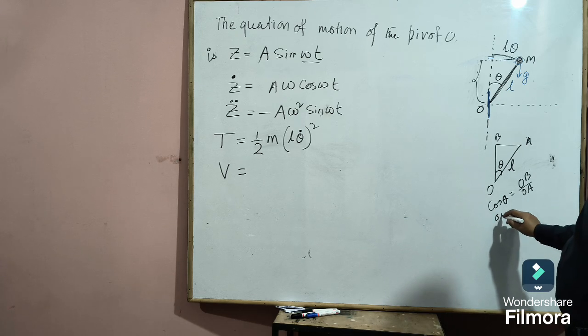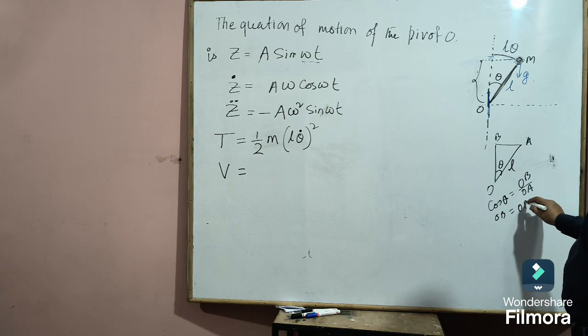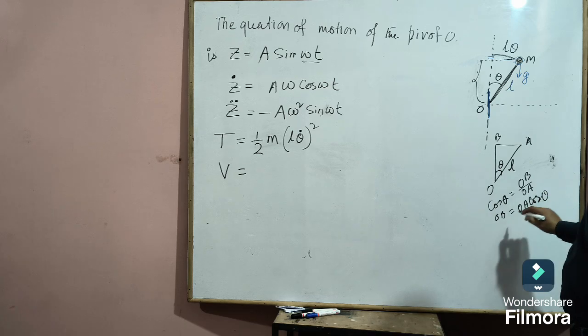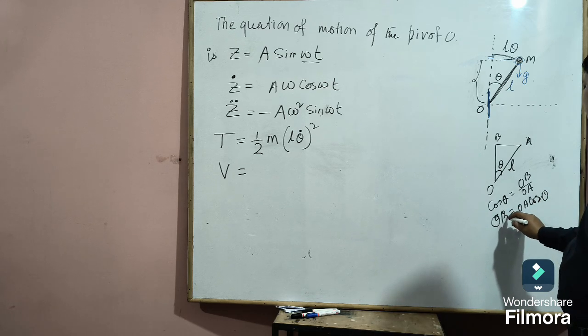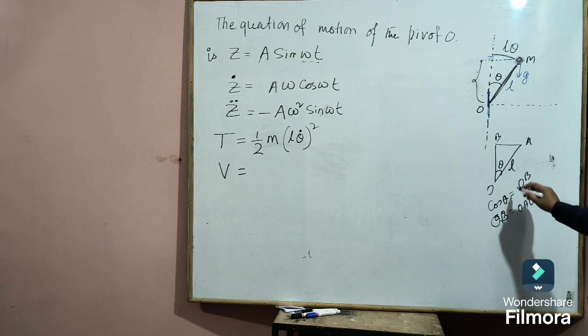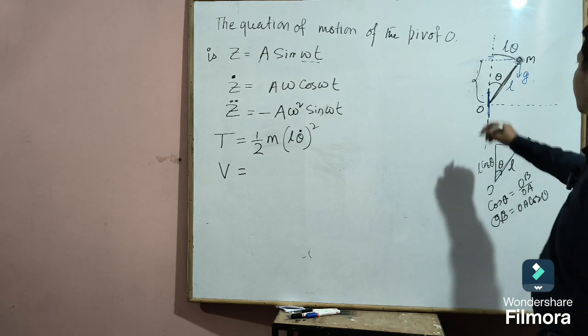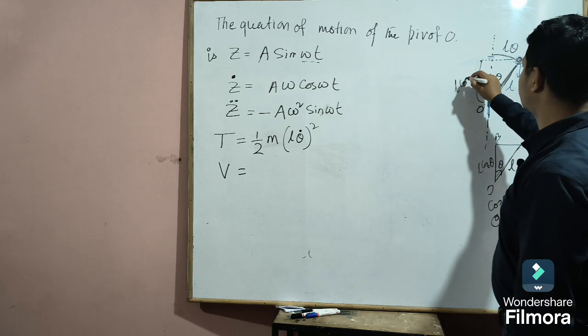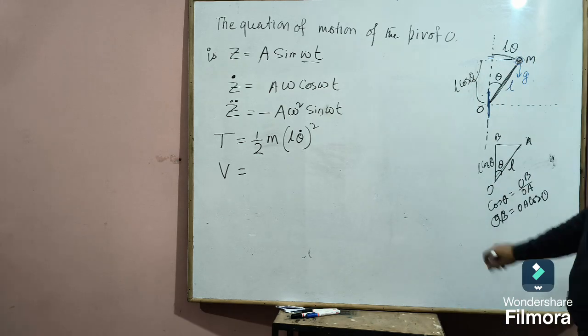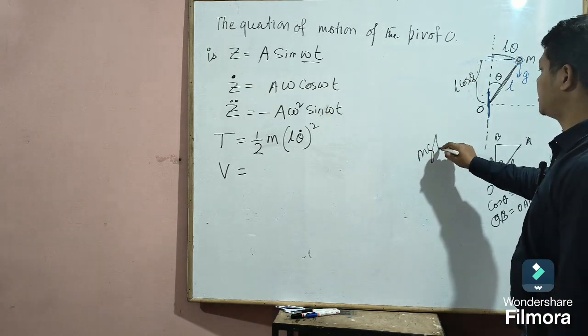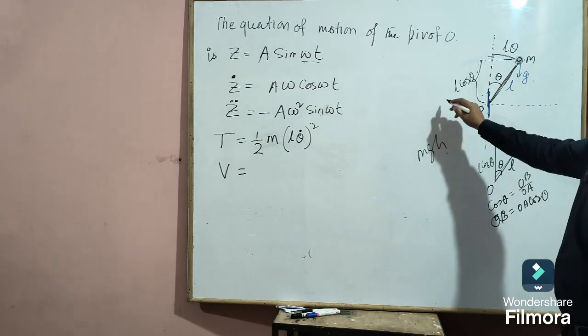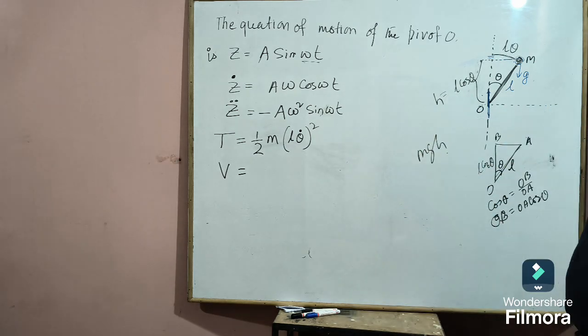So OB is equal to OA into cos theta. OA is nothing but L, so OB is equal to L cos theta. That's why this part becomes L cos theta. And we know that potential energy is mgh. Here this h is L cos theta.